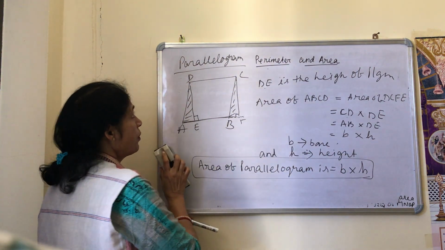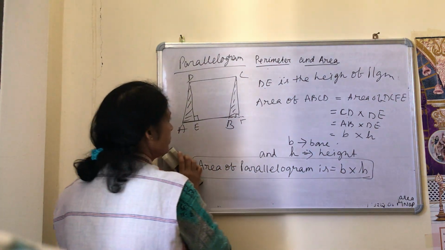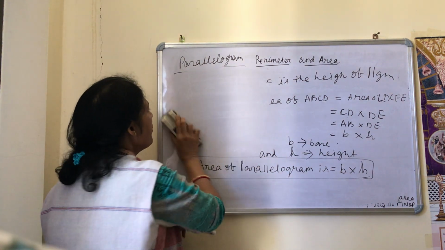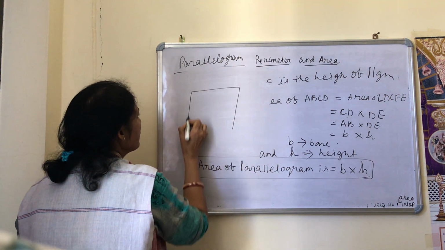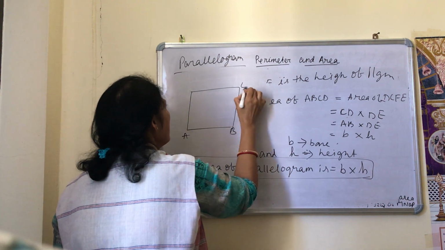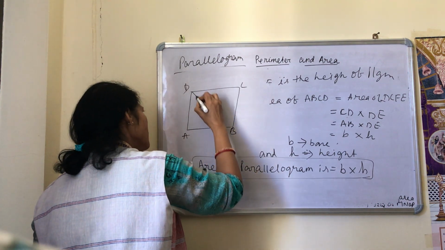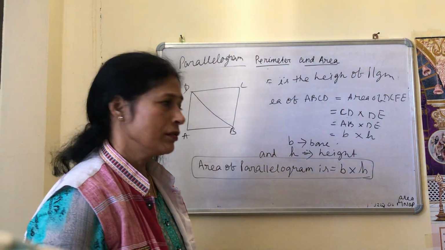Now find out the area of a triangle. Suppose ABCD is a parallelogram and BD is the diagonal.